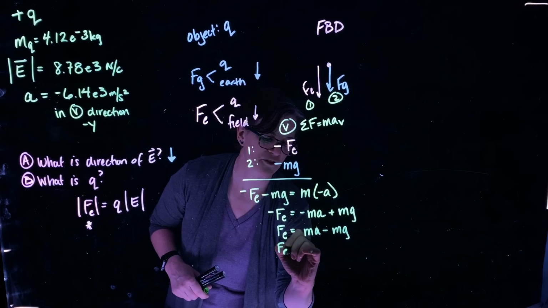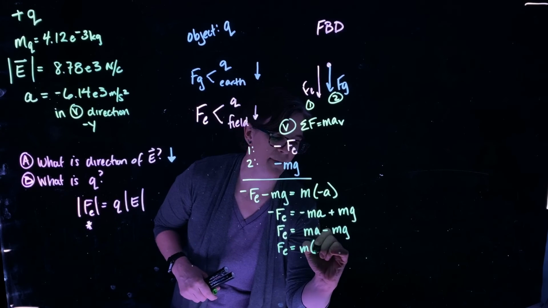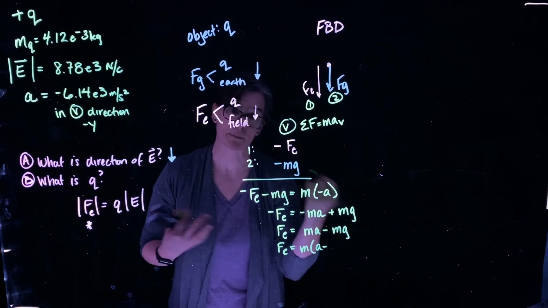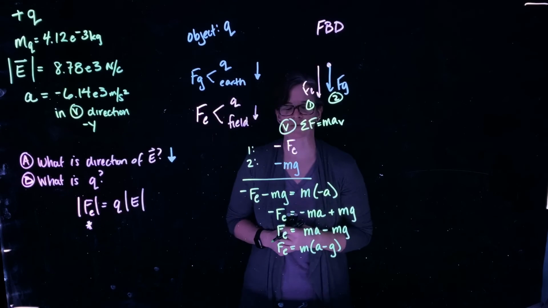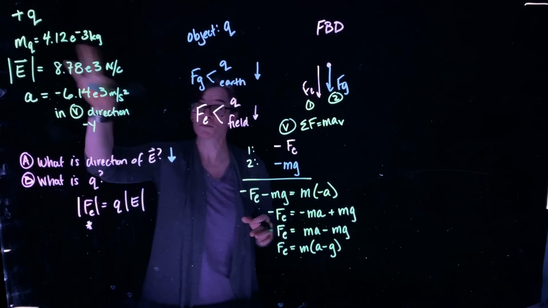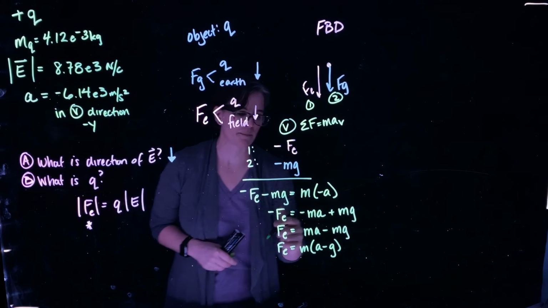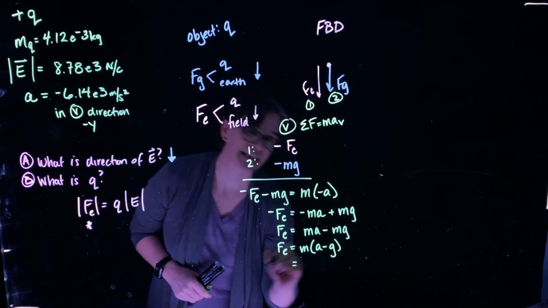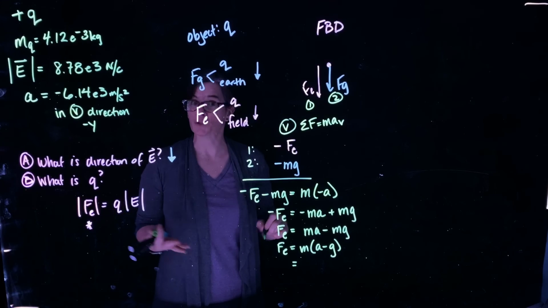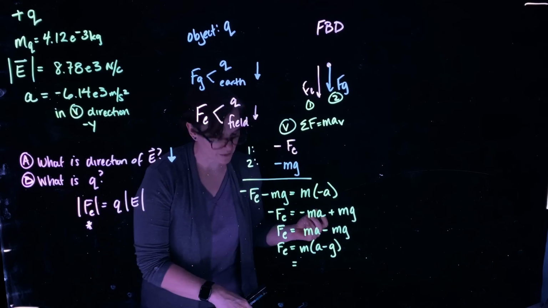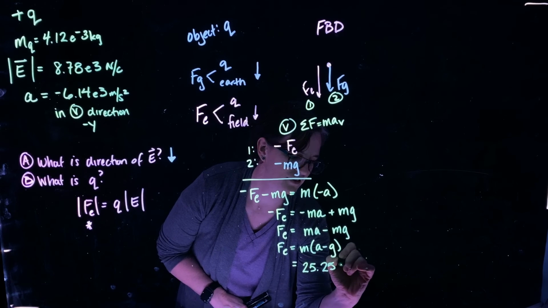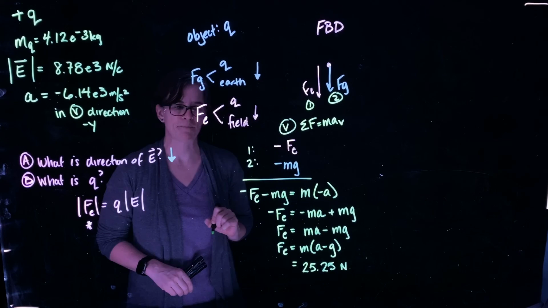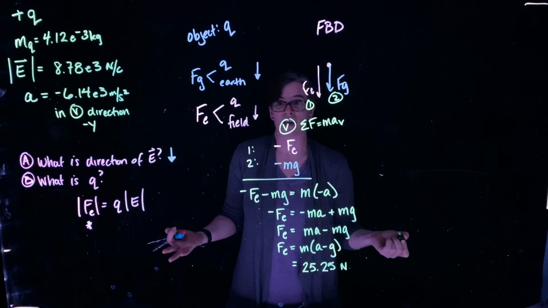And therefore, my electric force is equal to my mass times the acceleration that the particle is experiencing minus the acceleration due to gravity. And so when I use my numbers that I'm provided, we find that the electric force has magnitude, we're determining the magnitude in this situation, 25.25 newtons.